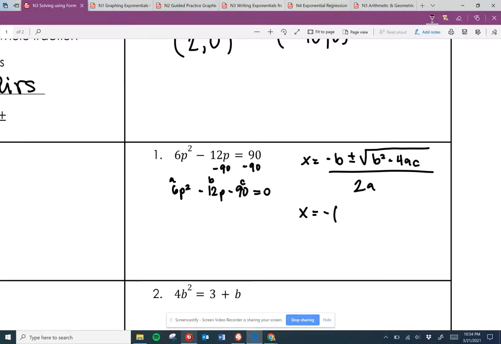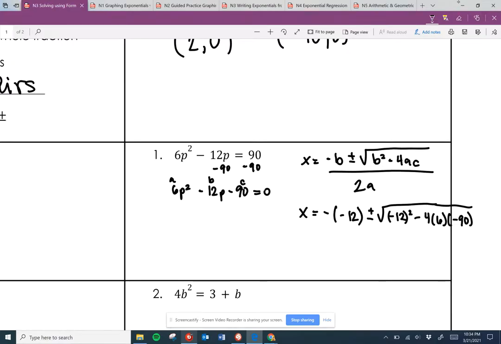I also have a negative with my b value, so I have a negative 12. I keep both of them. Do not leave the second one off. One is from the formula, one is from our b value. It's completely fine for us to have both of them. Then we have our plus or minus. Then we're going to have our negative 12 in parentheses squared minus 4 times 6 times negative 90.